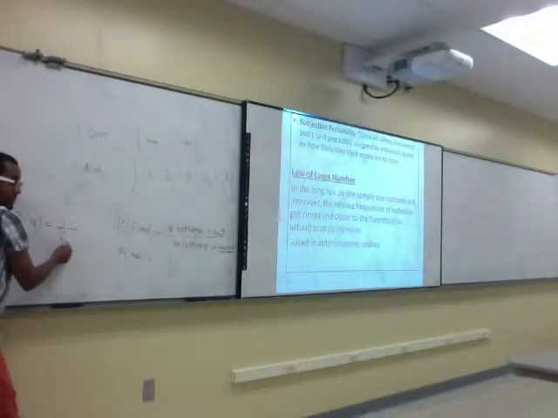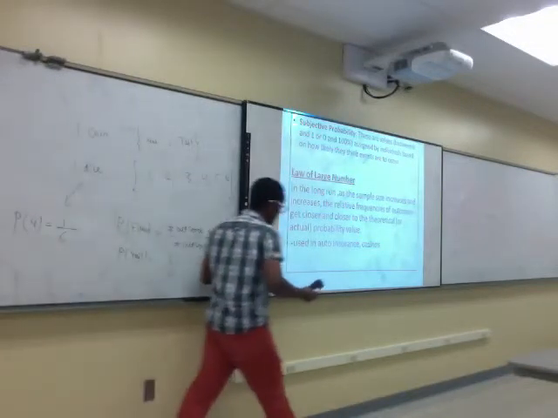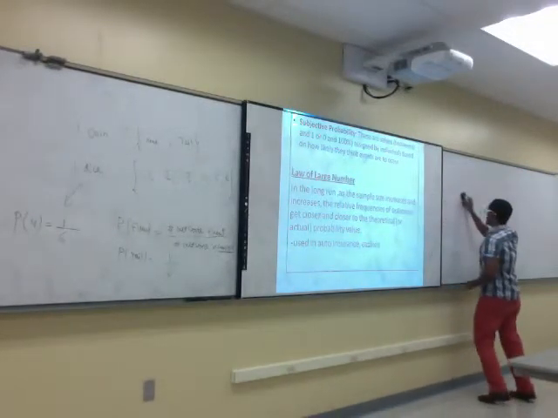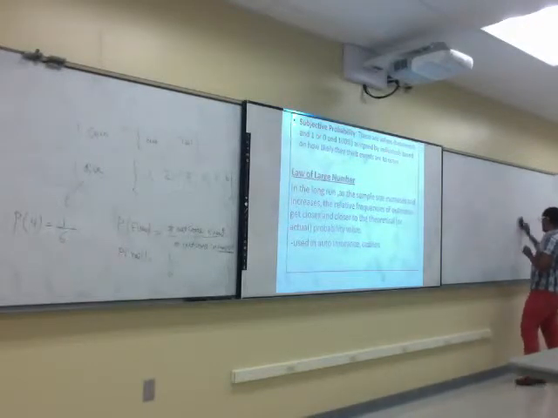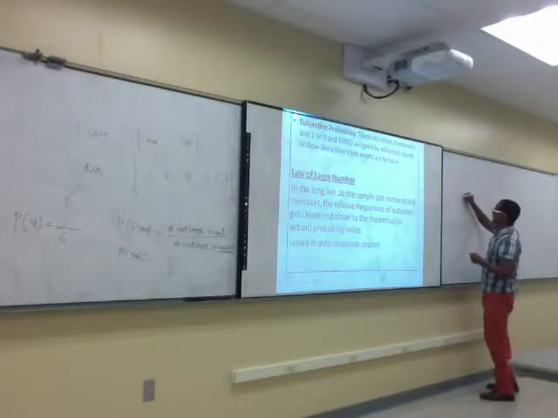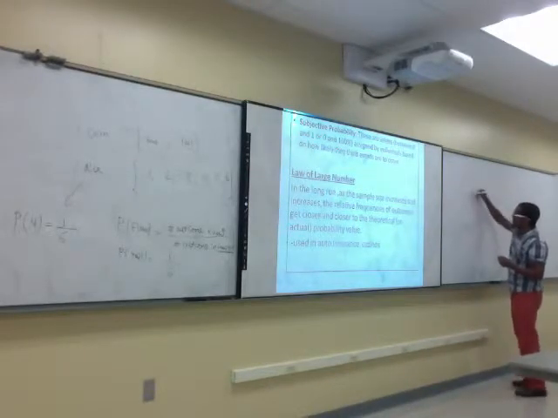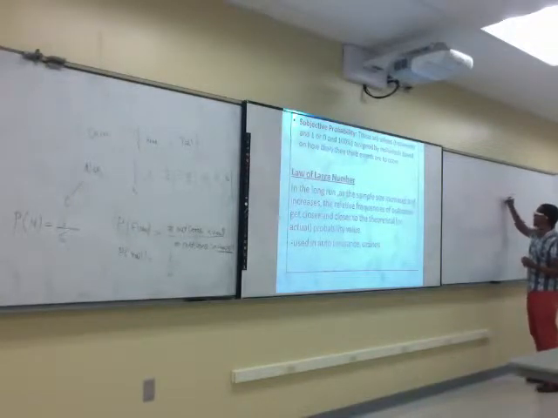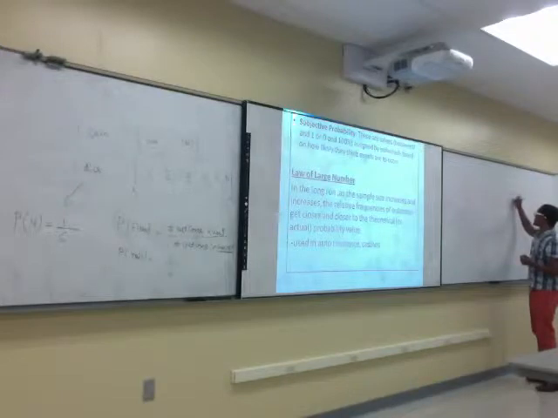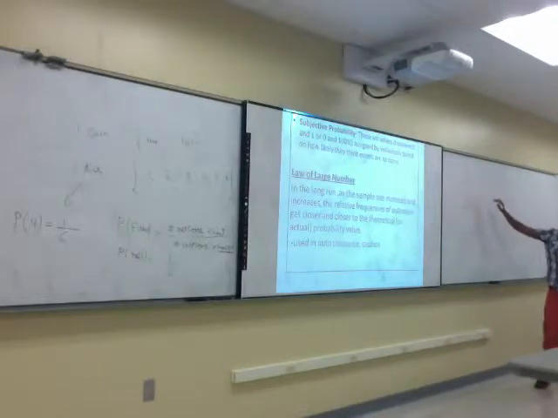Okay? Now let's extend this a little bit more, and hopefully it will make sense. If I toss a dice, in my sample space I have 1, 2, 3, 4, 5, and 6, right?